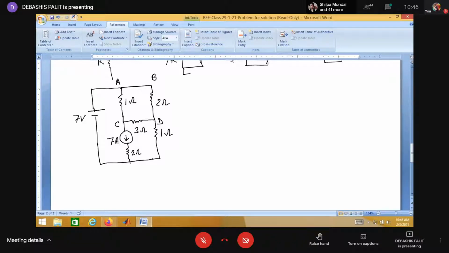For the 7 ampere current source, there is no parallel resistance at all. So how to convert this circuit into an easier circuit for solving?